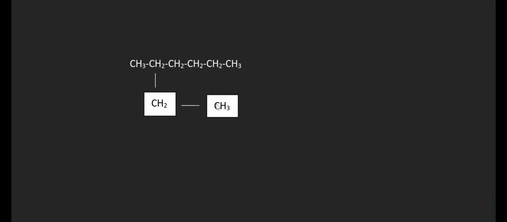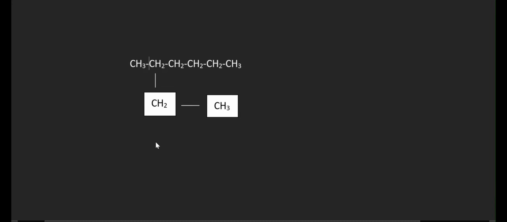It is the longest carbon chain. Even if you count it from this side, many students might say that, but 1, 2, 3, 4, it is still not the longest carbon chain. It is only the longest carbon chain if you count 1, 2, 3, 4, 5, 6, 7. So 7 carbons are there in total in the longest carbon chain.